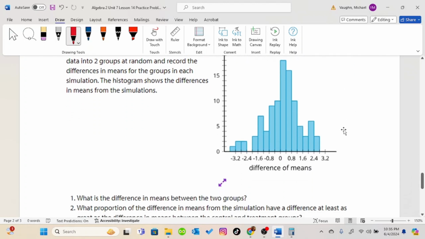So question 1 asks, what is the difference in means between the 2 groups?